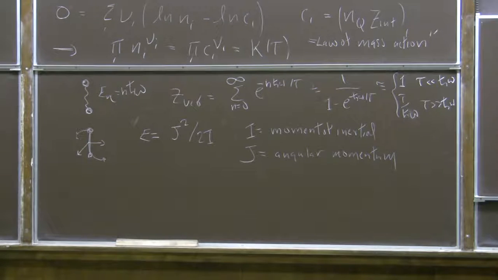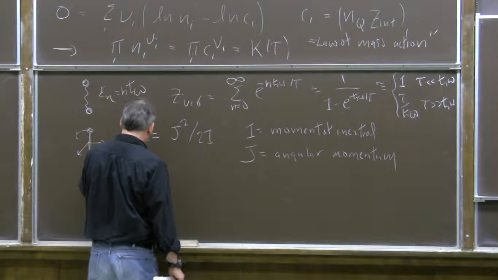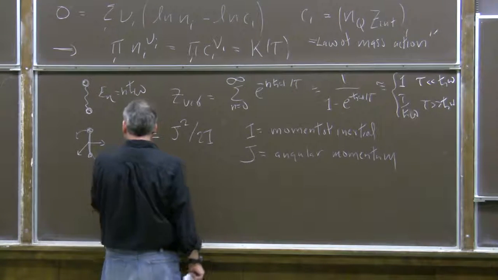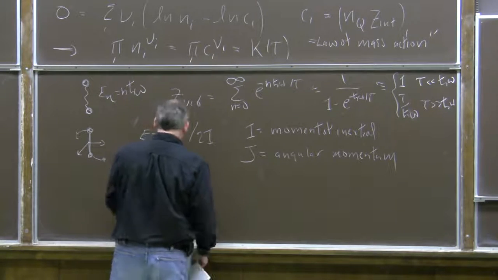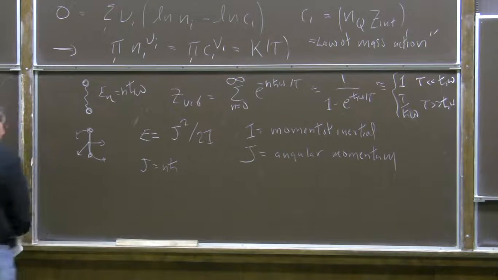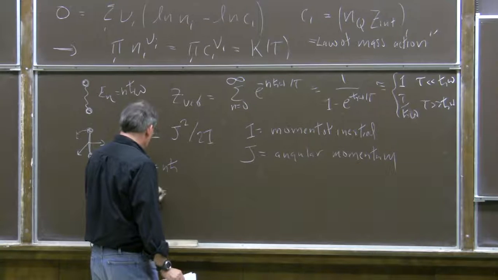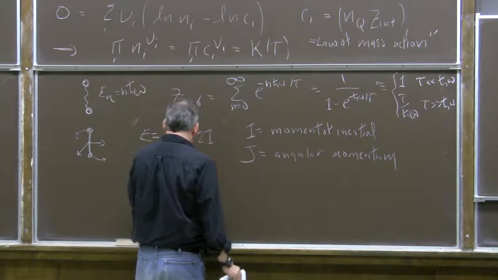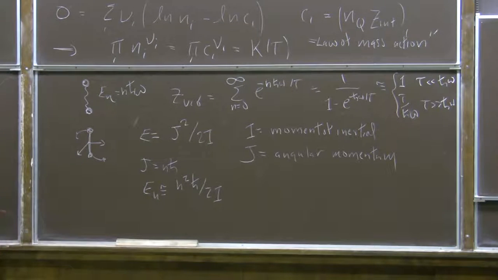But that angular momentum is just, as I guess you know from physics 12b, an integer multiple of h bar. And so J squared over 2I would go like n squared h bar squared over 2I. And then for each of the rotational degrees of freedom, we would sum that over n with the Boltzmann factor.